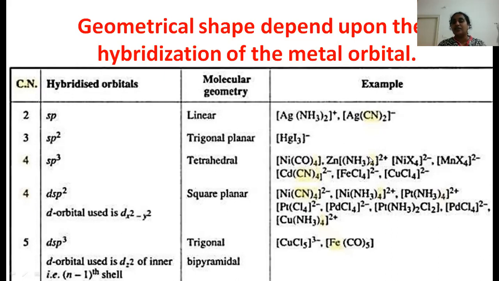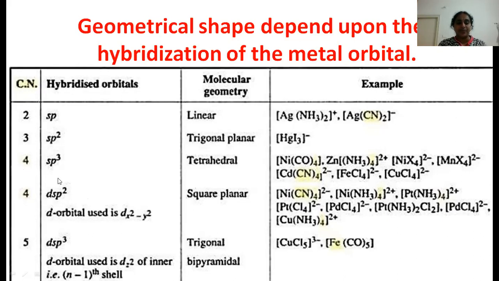Similarly, in all these examples the coordination number is 4 and the metal undergoes sp3 hybridization. But if the coordination number is 4, some metals undergo dsp2 hybridization.